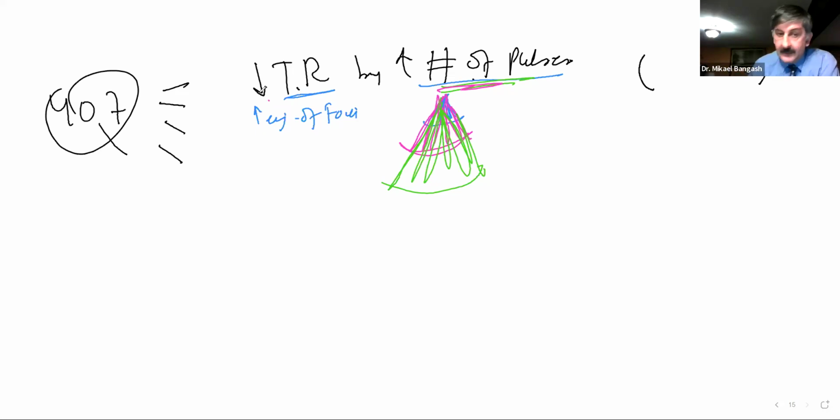Increasing the line density. Now, does that increasing of line density degrade your temporal resolution? Yes. Does it do that by increasing the number of pulses in a frame?